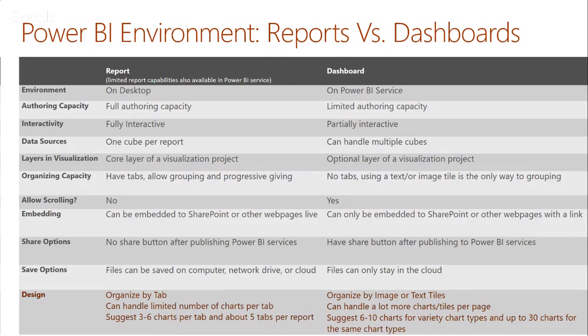If you can tile over those high-level metrics, the executives can have a really quick glance at what's going on across the board. And a dashboard can accommodate a lot more views on a single page than the report does. So I'll go through the details later, but I think it's good to have that background in mind when we talk about design.